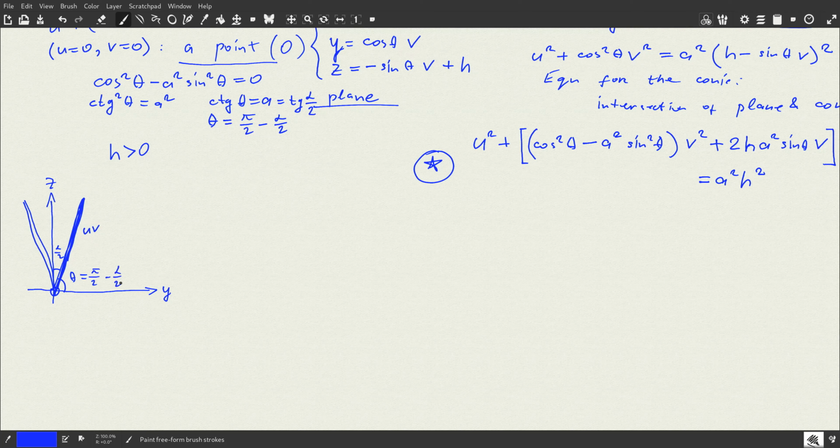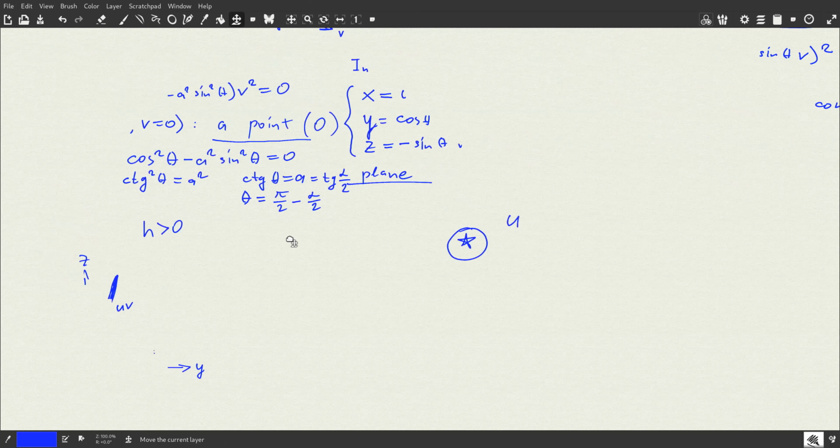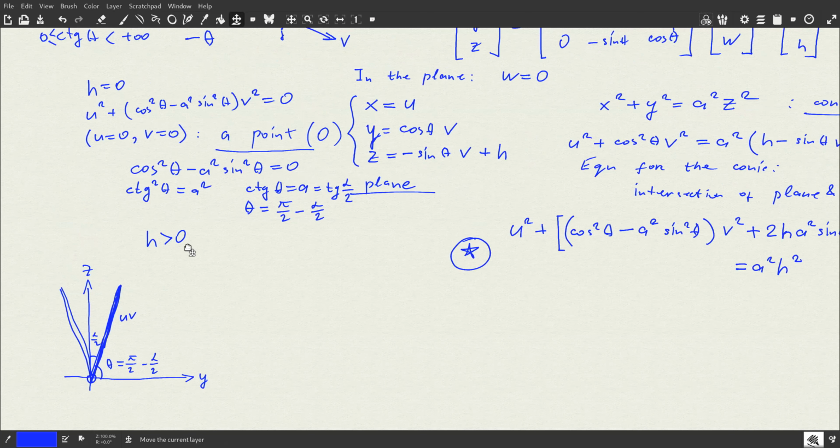And indeed, our plane is passing through the vertex of the cone in that case, and it is tangential to the cone. So in which case we have a bigger solution. Of course, it is a very degenerate case. It doesn't depend on v.